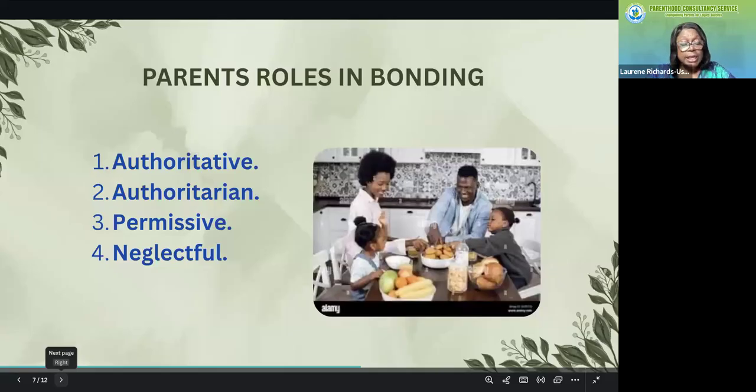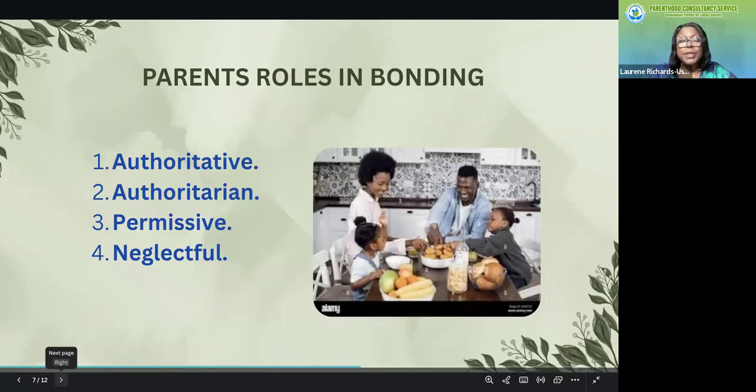Now, the authoritative parenting style, they're very high warmth parents, meaning that they're loving, but they have firm boundaries. All right. And the effect on bonding is that it fosters secure attachment.